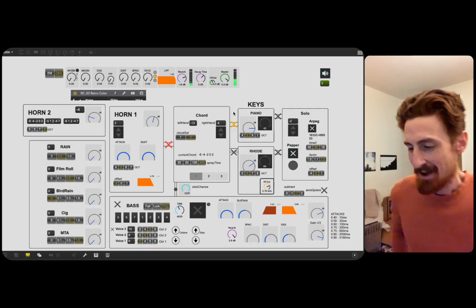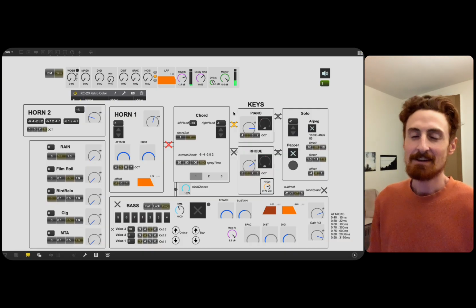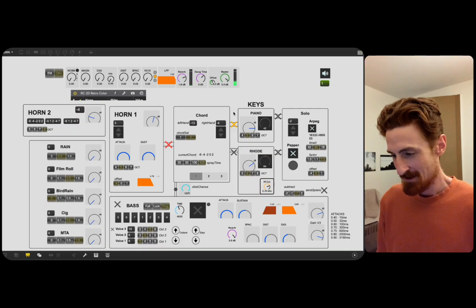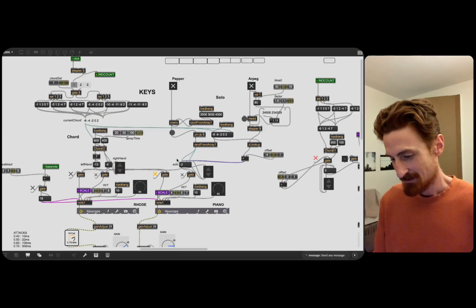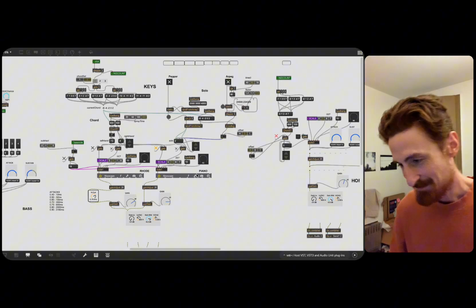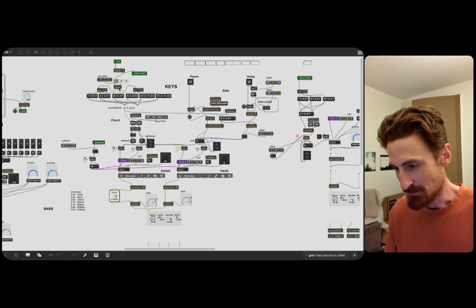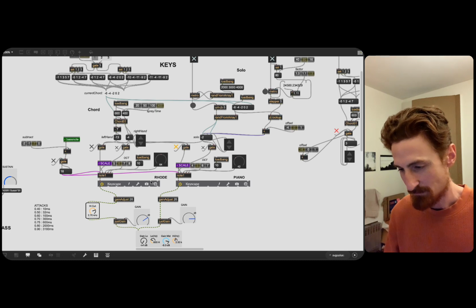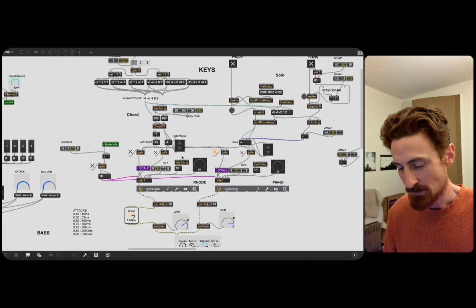Yeah, I mean this algorithm is so complicated, or it's not even complicated, it's just, here, let's take a look at it. I mean, yeah, it's kind of complicated. But this is all the stuff that's responsible for the piano algorithm that's running the piano and the Rhodes.